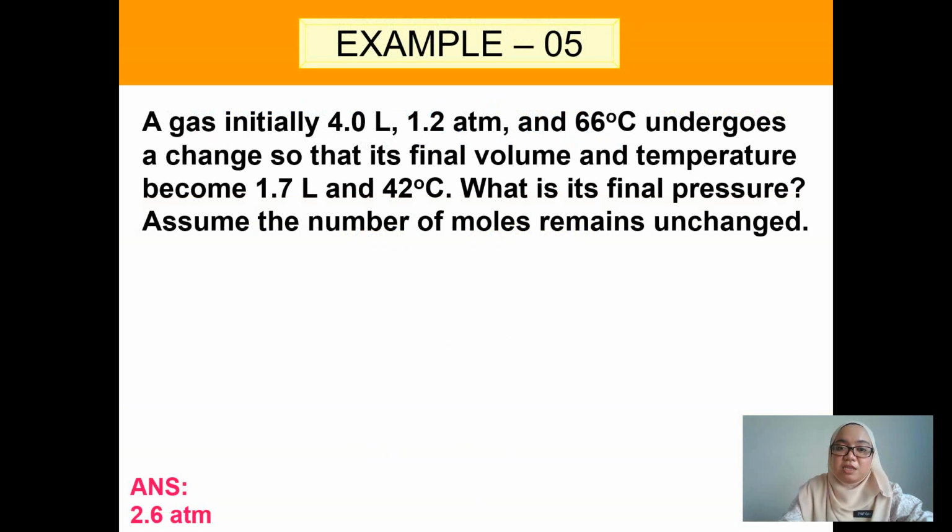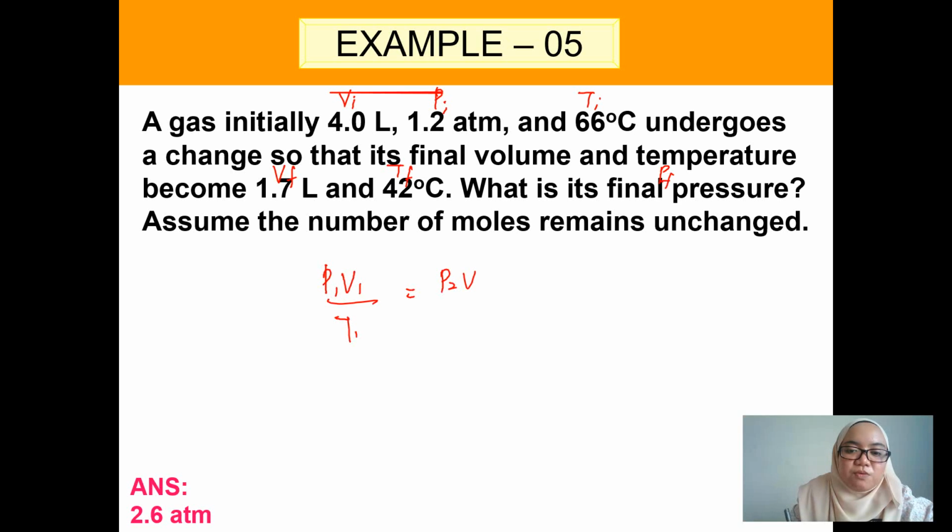We can use this since we have all of these: V1, P1, T1, and then they give V final, T final. We can find the final pressure using P1 V1 over T1 is equal to P2 V2 over T2.